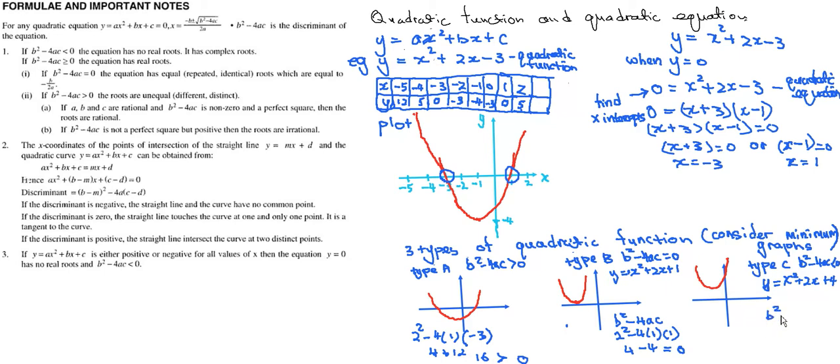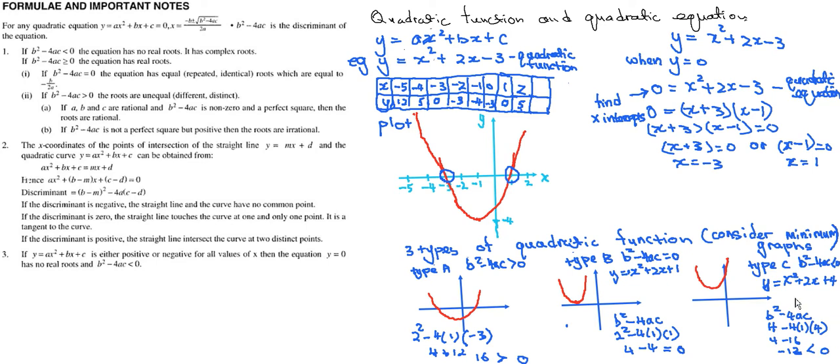b squared minus 4ac. b squared in this case is 4, minus 4, a is 1, c is 4. So 4 minus 16 gives you minus 12. This is less than 0.